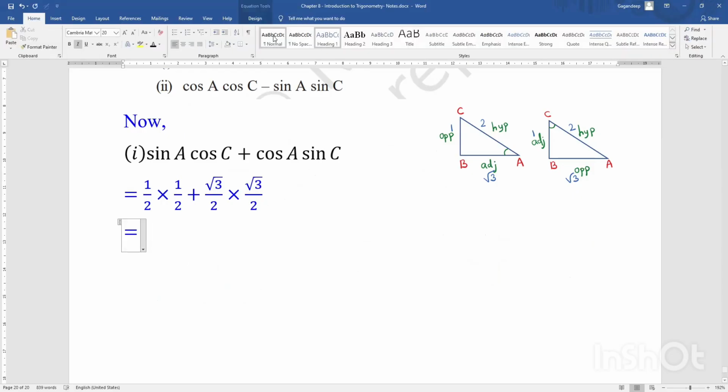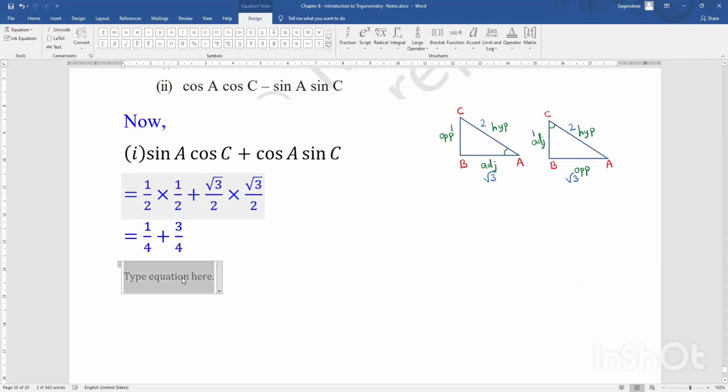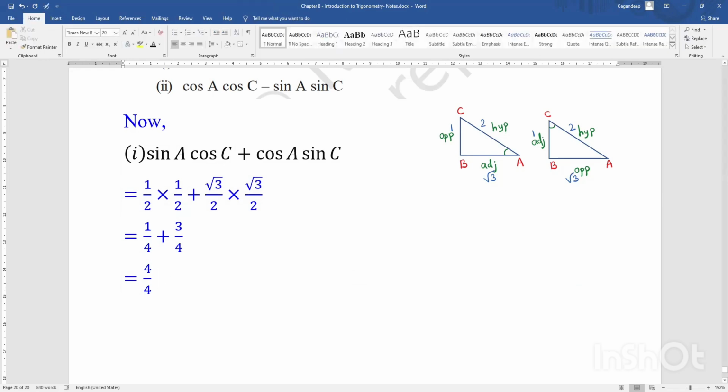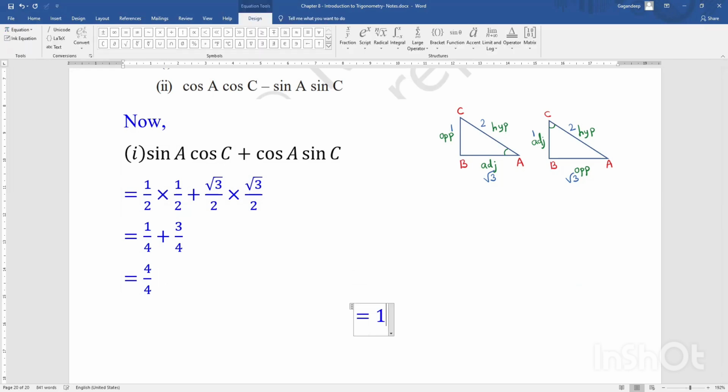So 1 by 2 into 1 by 2 is 1 by 4, plus root 3 into root 3 is 3, and 2 into 2 is 4, so plus 3 by 4. With the same denominator you can add, 1 plus 3 is 4, and 4 divided by 4 gives 1. So this will be equal to 1.